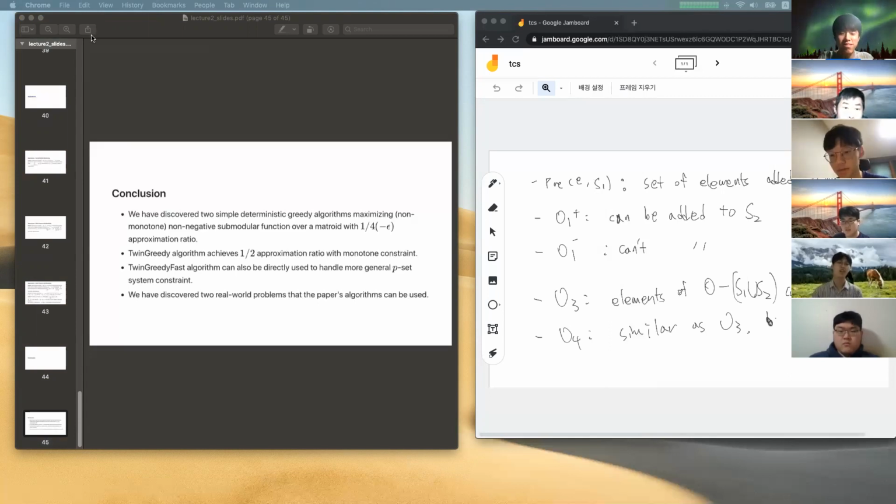Okay, I see. Can we put weights? We can't put weights.